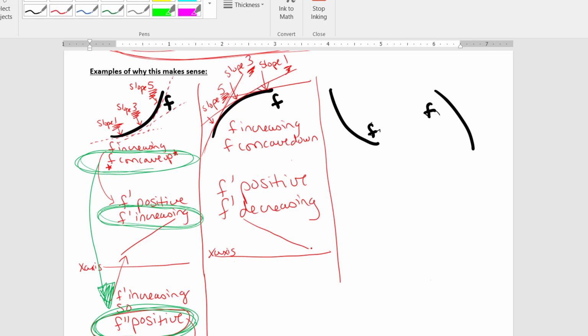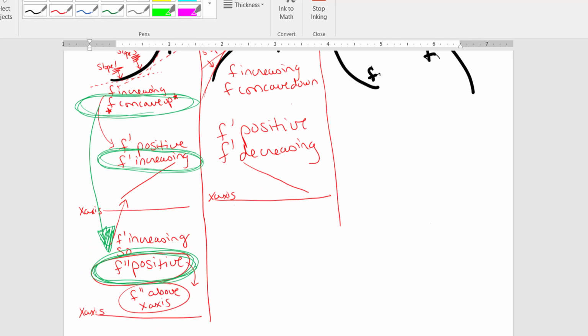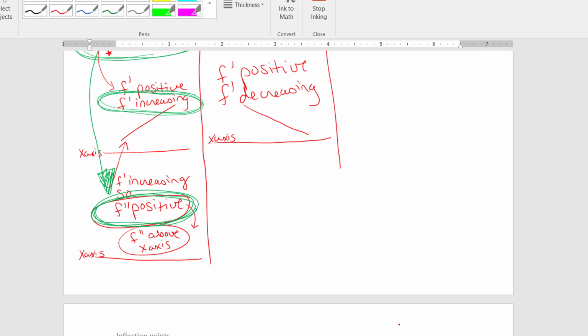It's decreasing. So now the idea is we think of the graph of f prime as our starting place. Here's a graph. It's above the x-axis. It's decreasing. And I ask, well, what do you know about its derivative, the derivative of f prime? Well, I know f prime is decreasing, so I know its derivative, f double prime, must be negative.